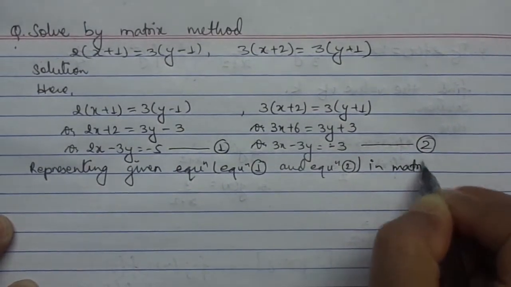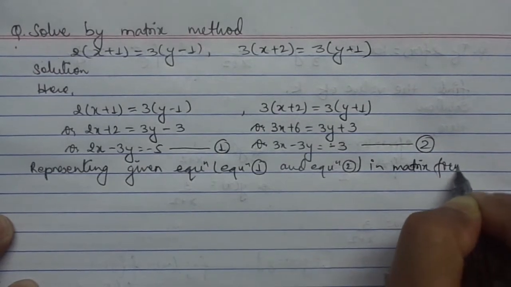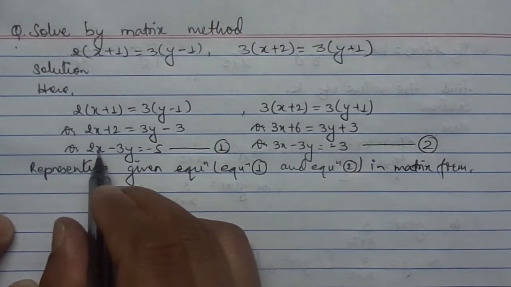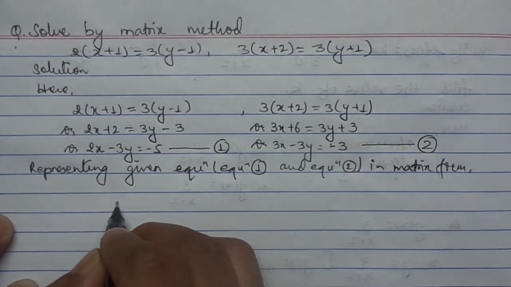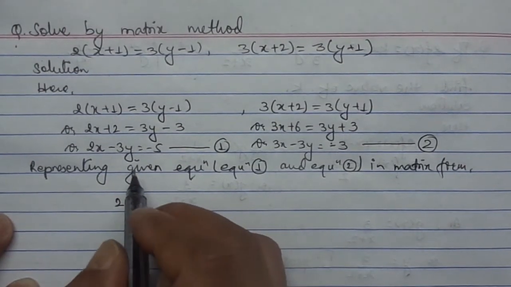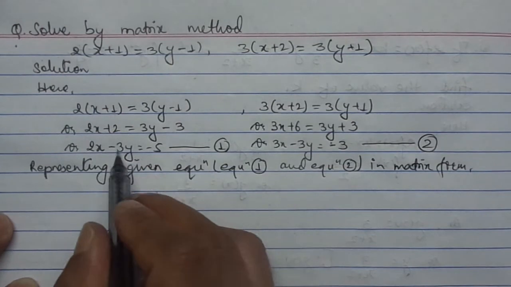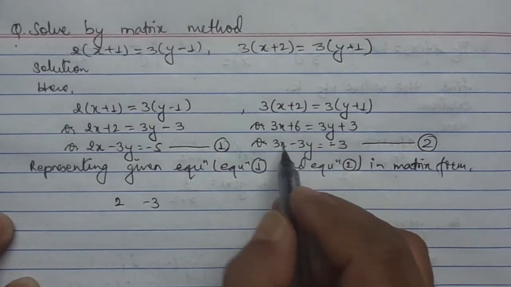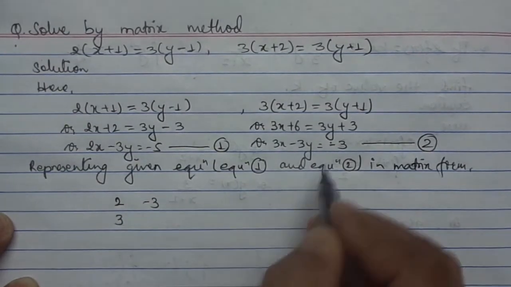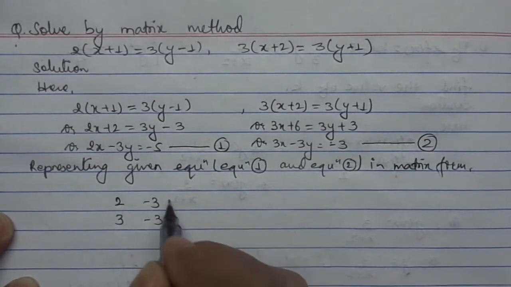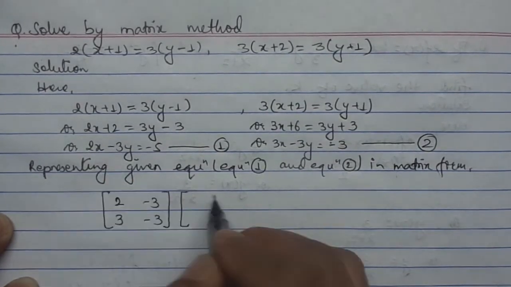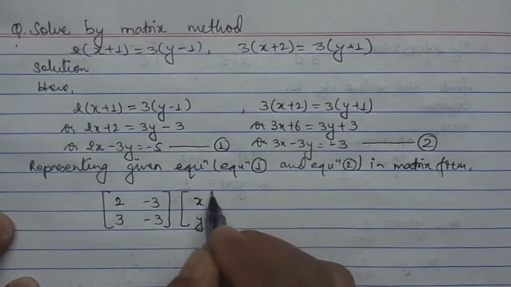What we get? Write the coefficient of x is 2 and the coefficient of y is minus 3 for the first equation. Second equation, coefficient of x is 3, coefficient of y is minus 3, and the variables are, the first variable is x and the second is y.